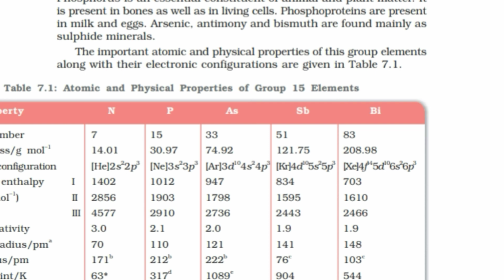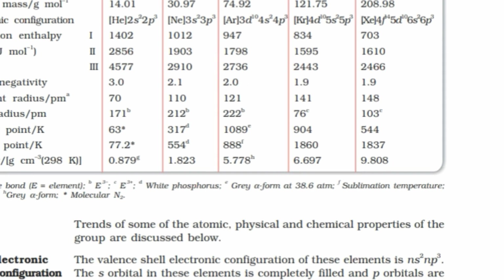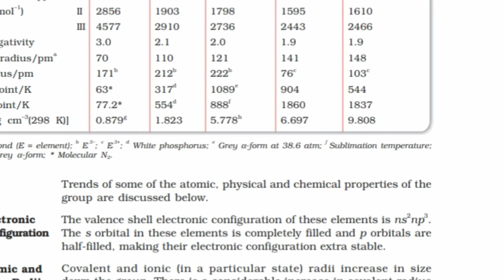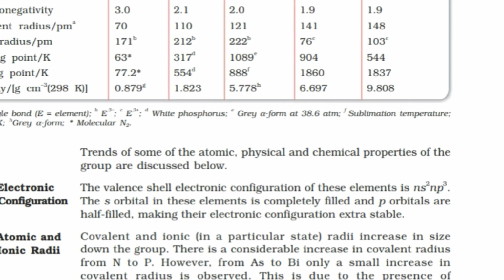The important atomic and physical properties of this group's elements, along with their electronic configurations, are given in Table 7.1. Trends of some atomic, physical, and chemical properties of the group are discussed below.